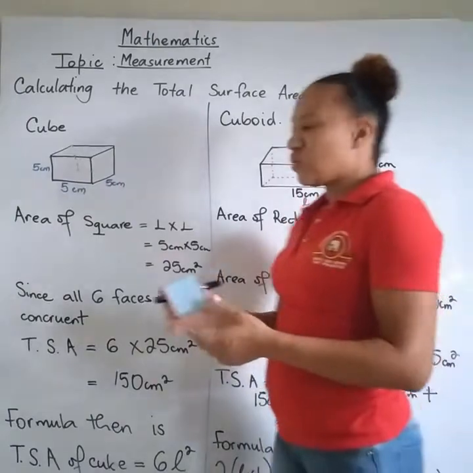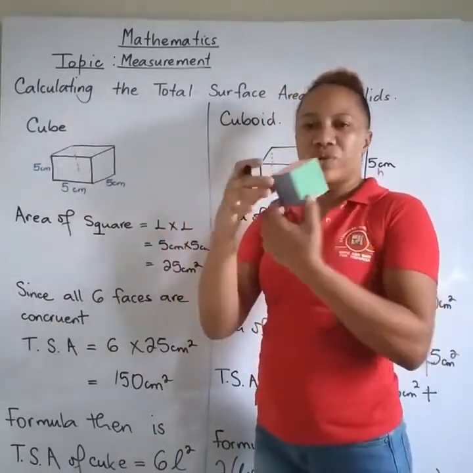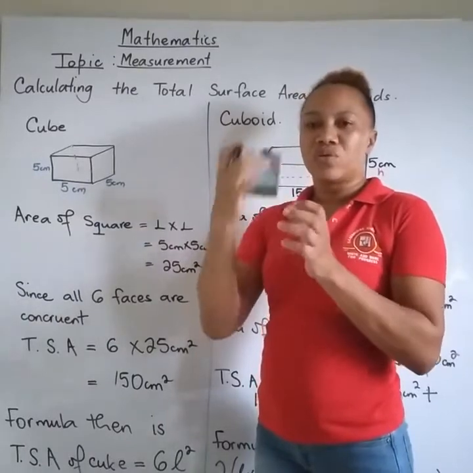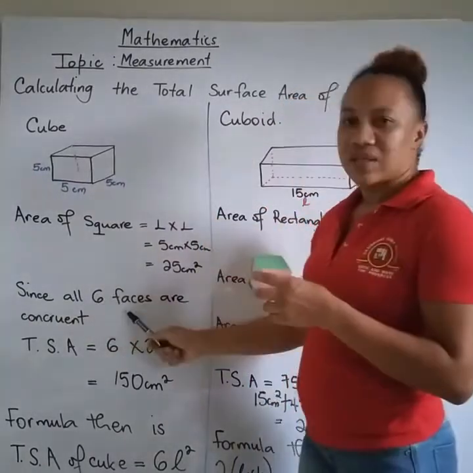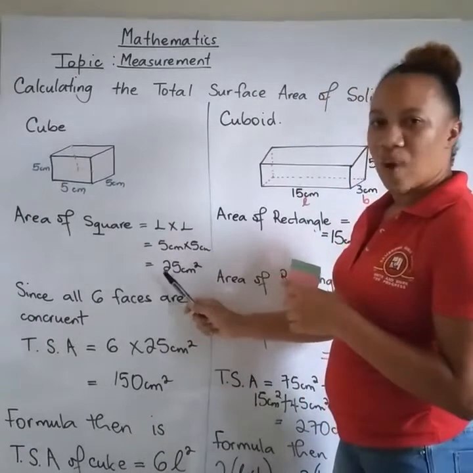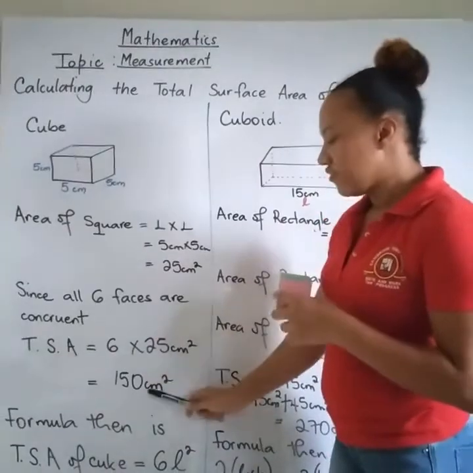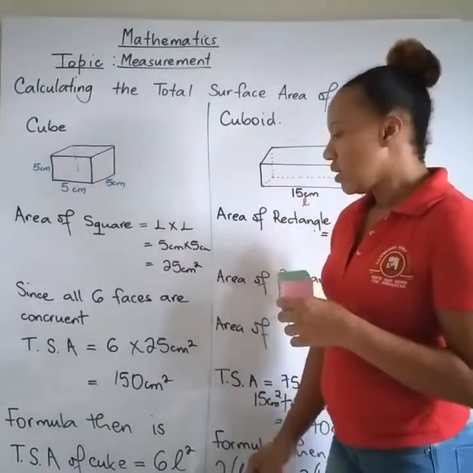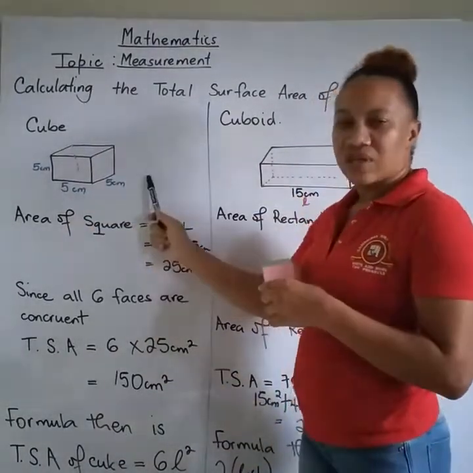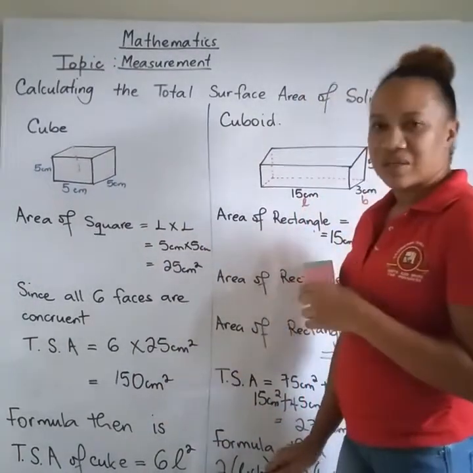And since I know that from this example I have 6 faces, 2 green, 2 pink, 2 blue, that's a total of 6 faces. So I'm going to multiply the area of one face by 6, which gives me 150 centimeters squared. So my total surface area for this cube would be 150 centimeters squared.